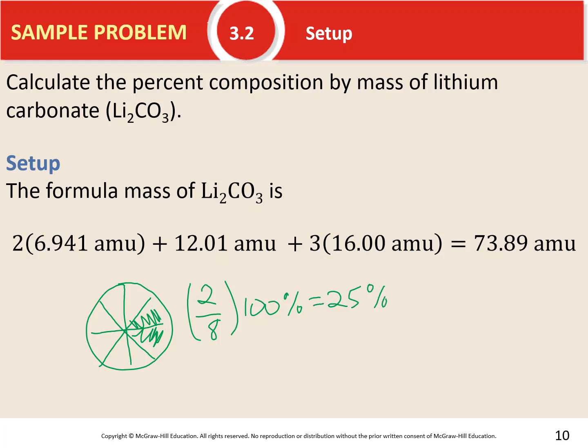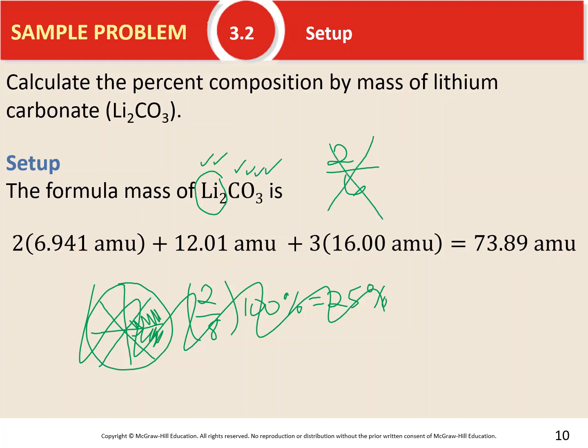Now we can't do it this way anymore. It's not enough to just say how many per the total number. We cannot say the mass of lithium here is 2 out of 6, where we'd have 1, 2, 3, 4, 5, 6 things.